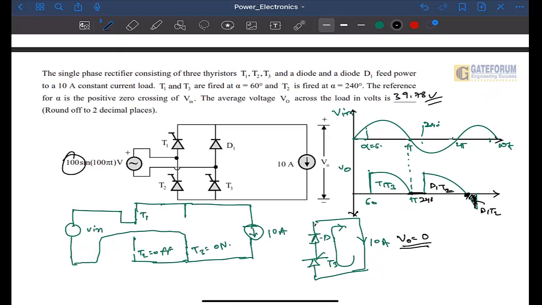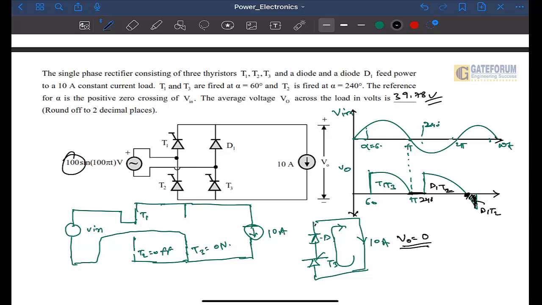So see, this question is a little bit twisted, but when we understand why T1 and T3 will get turned off, why T2 and D1 will conduct beyond 2 pi, there is a reason: to maintain a healthy circuit there must be a freewheeling path. When T1 and T3 are in the conducting state and T1 gets turned off, there is a path for the 10 ampere current via D1 and T3.